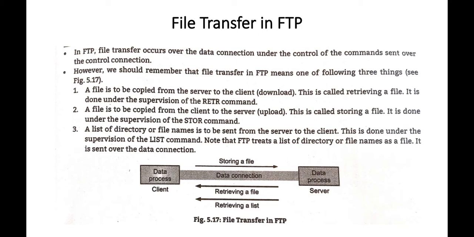Then the third one is that a list of directory or file names is to be sent from server to the client. If the server wants to send the list of files or the list of directories to the client, in that situation we use the list command. FTP treats the list of directory or file names as a file, and it is sent over the data connection.